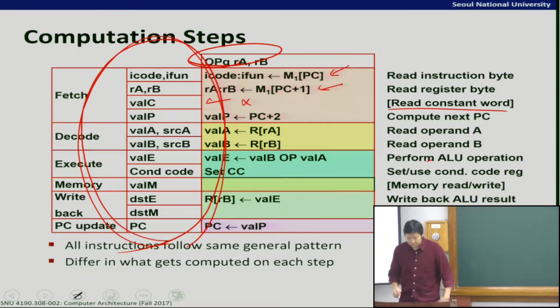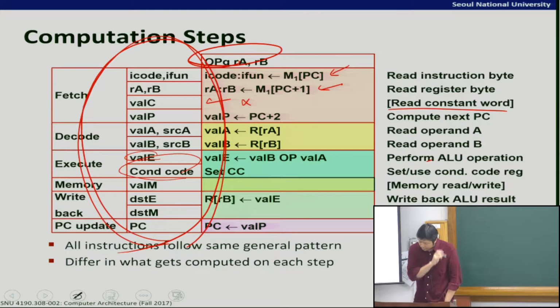And valP is set. In the decode stage it reads both rA and rB registers. In the execute stage you calculate valE and set the condition codes here. And in the memory stage we do nothing here, we don't activate this one.